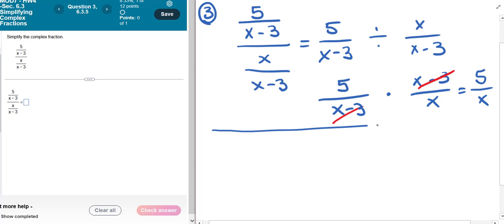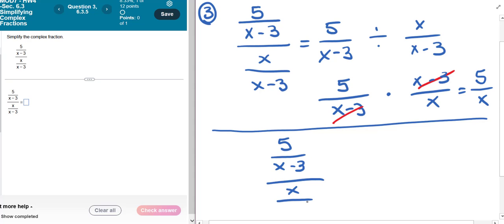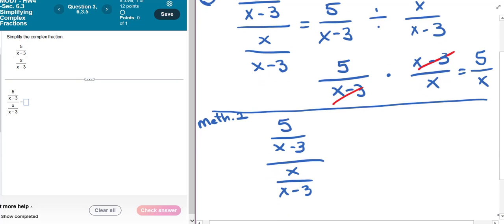If we go with method 2, it says find the common denominator of all the denominators. So this one is method 2. And the common denominator would be x minus 3. So we would do an x minus 3 up here and an x minus 3 down here. And these would cross off and you get the same answer.